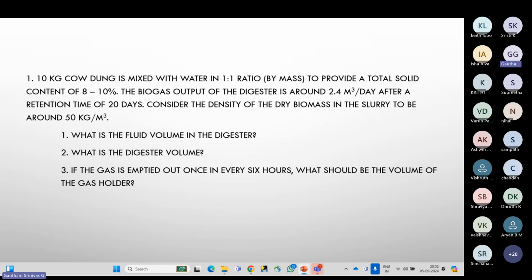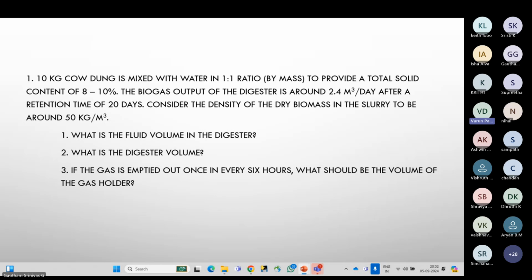So the next one: if the gas is emptied out once every 6 hours, what should be the volume of the gas holder? We calculate how much biogas is produced in 1 day.